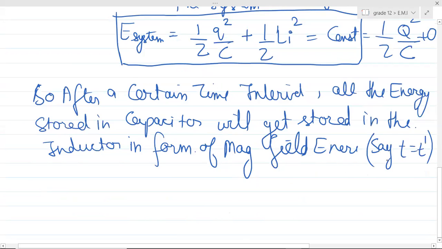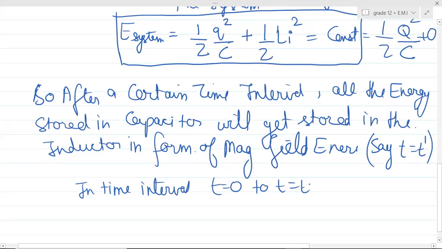Okay, so after a time t dash, what was happening? Not after t equals to t dash, in the time interval t equals to 0 to t equals to t dash, energy changed its form from electric field energy to magnetic field energy.